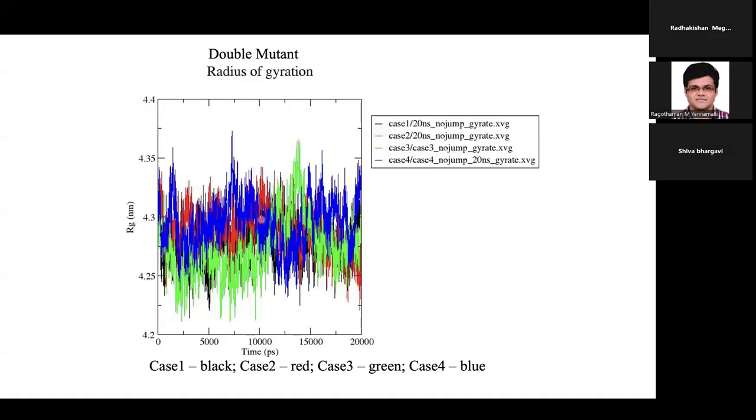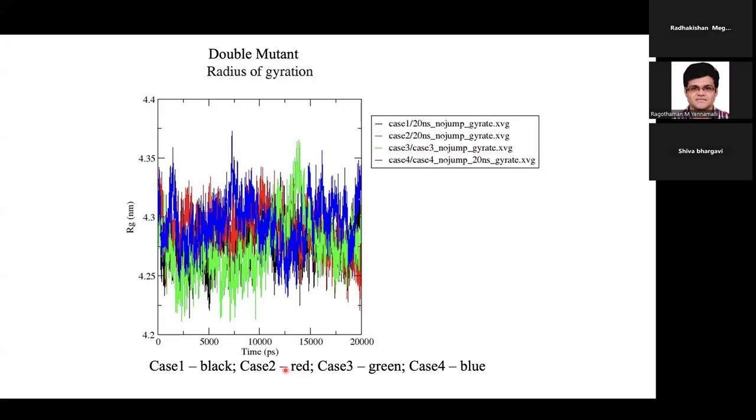We also looked at the radius of gyration, which tells us if the molecule is undergoing a conformational change in terms of its overall structure. Again, a global property. This protein, as you might have seen by now, is very linear in nature, like a rectangular or cuboidal shape.